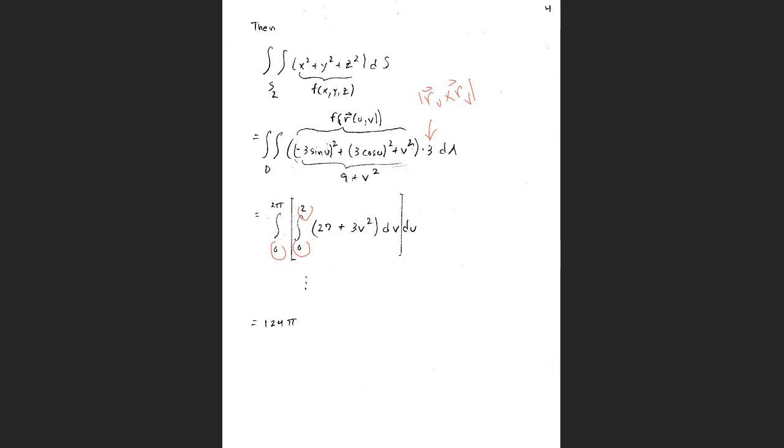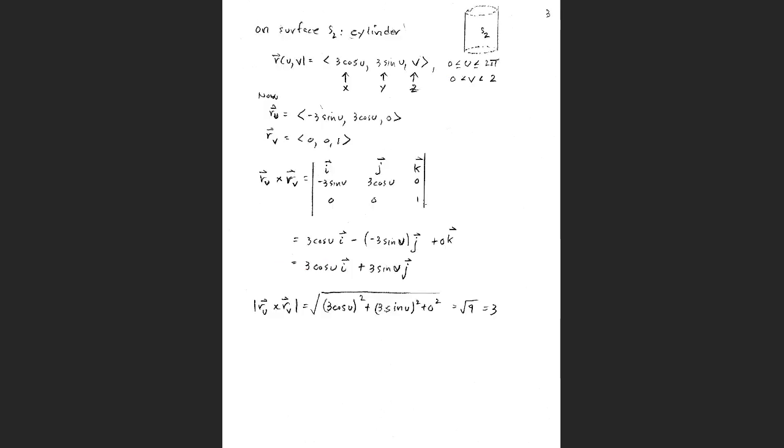Wait a minute. No, that's right. Because remember, these parameters, the cylinder: V goes from 0 to 2 because that's the height.